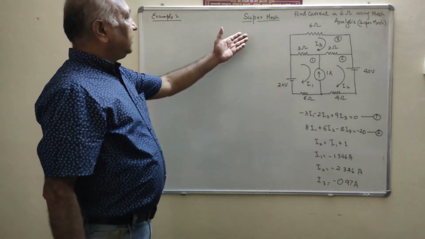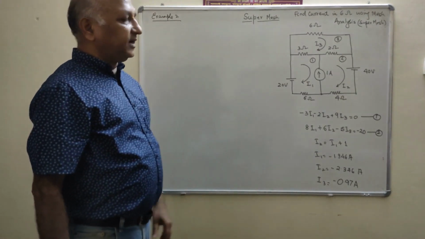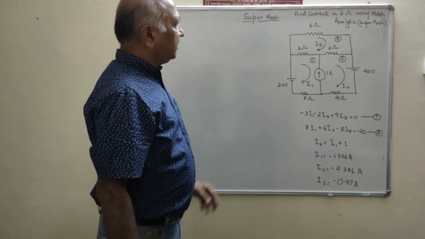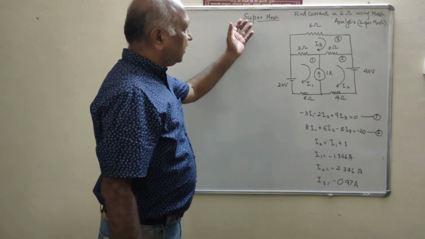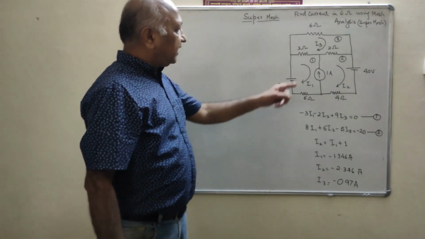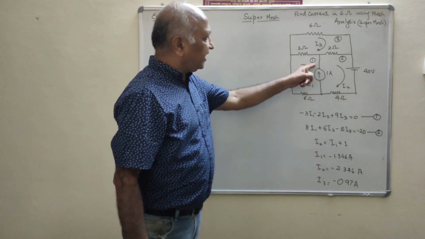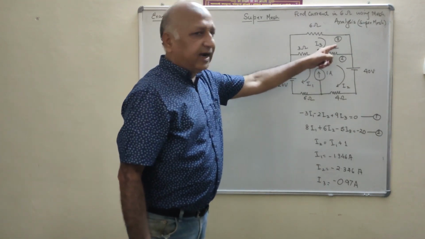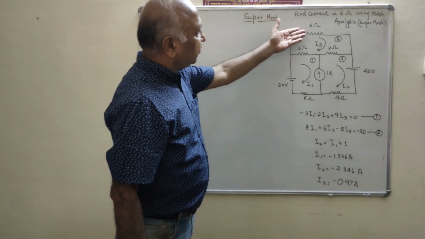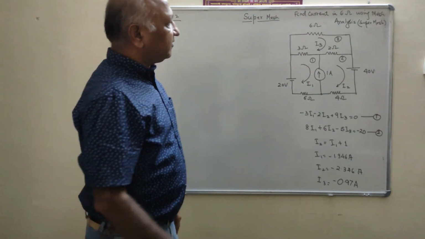Now we will see another example of the super mesh. It is a more complicated circuit with respect to the last example. Clear? You will see here three meshes, mesh 1, mesh 2 and mesh 3. We have to find the current in 6 ohm using mesh analysis.